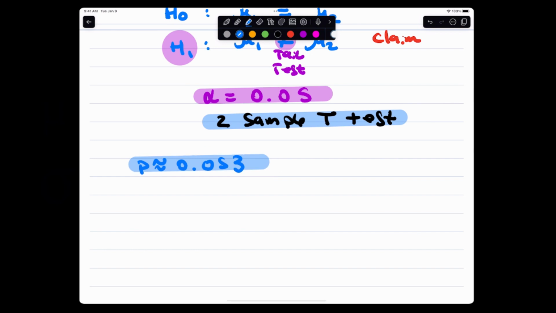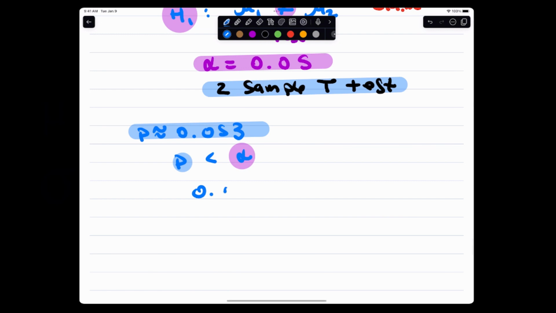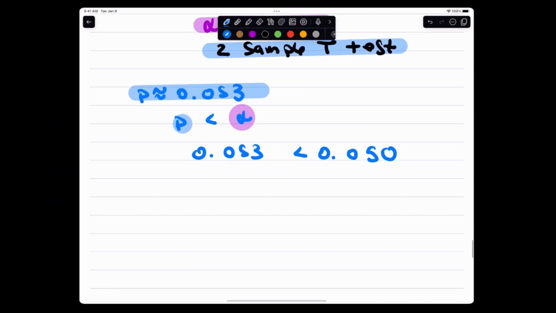That's your p-value. Is that p-value less than alpha? Is it? So what we're saying is that 5.3% is smaller than 5%? This is 5.3%.